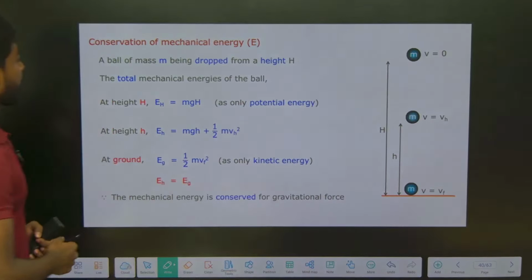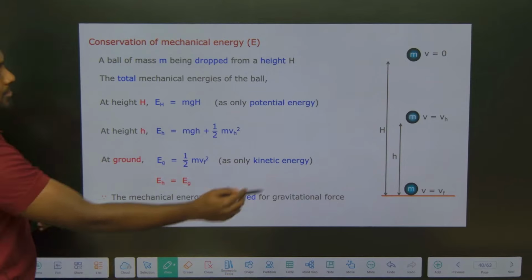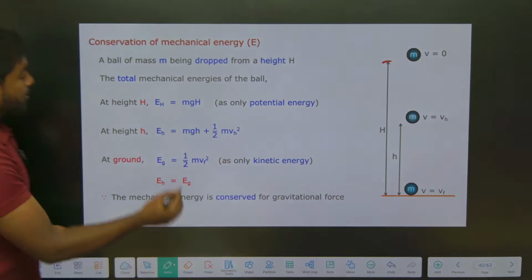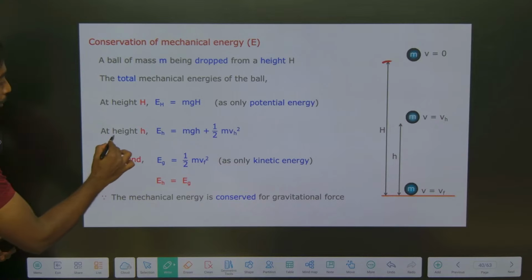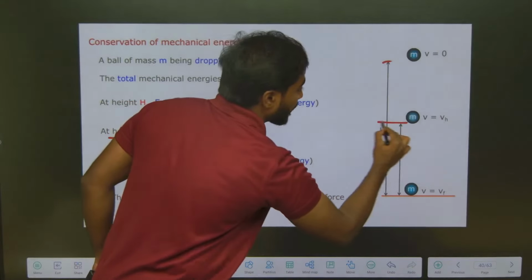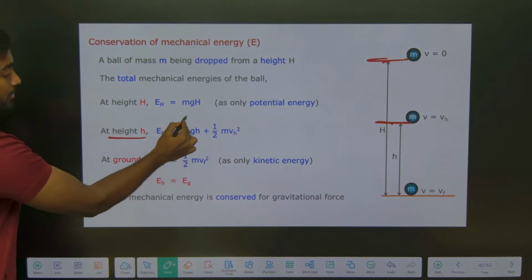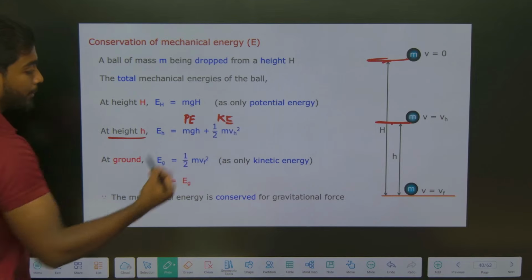Now if you see here, the total mechanical energy of a ball at height h, up to this, is mgh as potential energy. When I talk about small height h, some potential energy will be there, and kinetic energy also will be there.